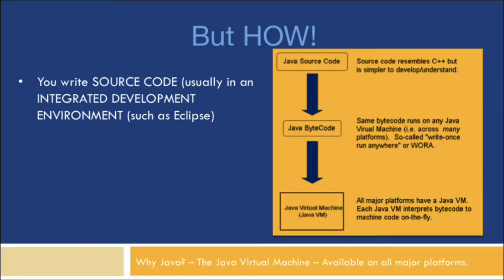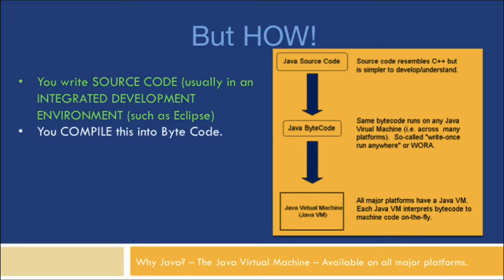You'll usually do this in a program called an integrated development environment, like the one we use here at Norwood, which is Eclipse. It's also fairly commonly used throughout industry. It's not the only development environment around, but it's a fairly popular one, and it's totally free. So instead of using a word processor to type your code, although you could, you will type your code in Eclipse.